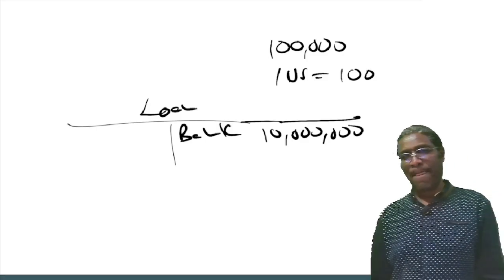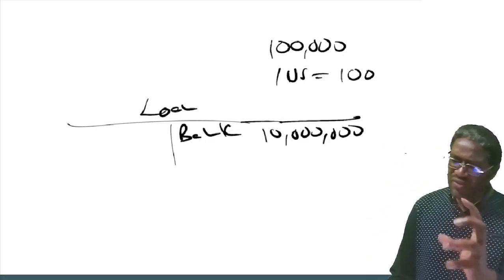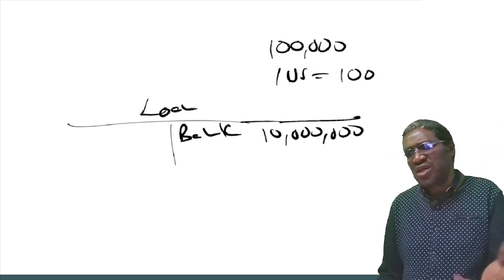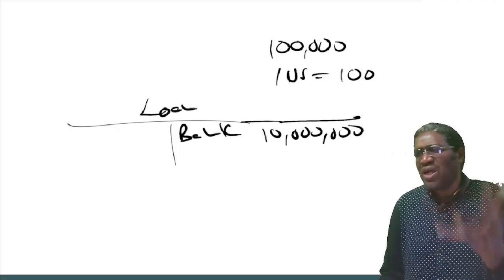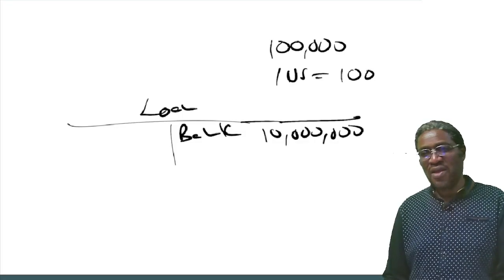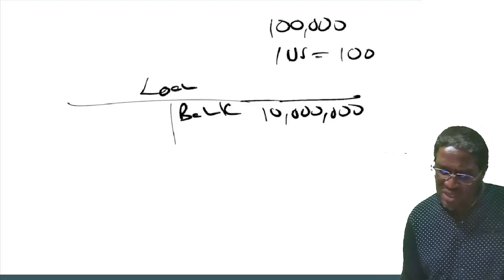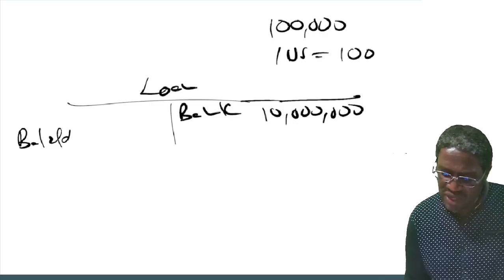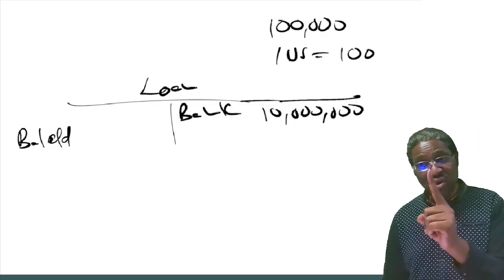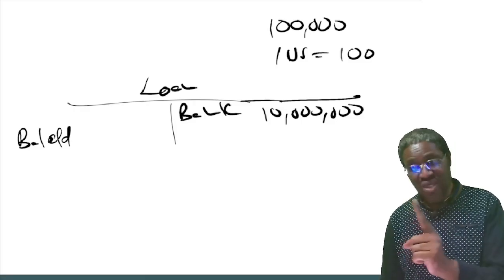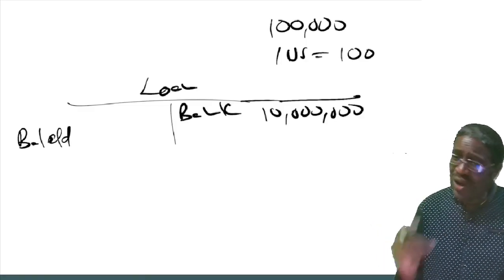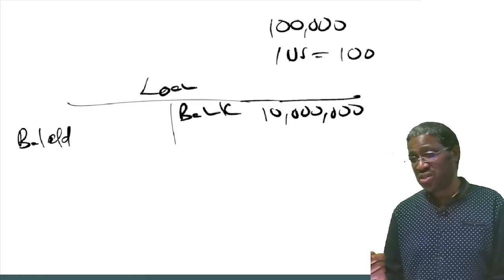Now listen. By the end of the year, let us assume you have not even repaid the loan. It's still $100,000. Which means your balance carried down at the end of the year is still a loan of $100,000. But you're not going to carry down at 10 million Kenya shillings.